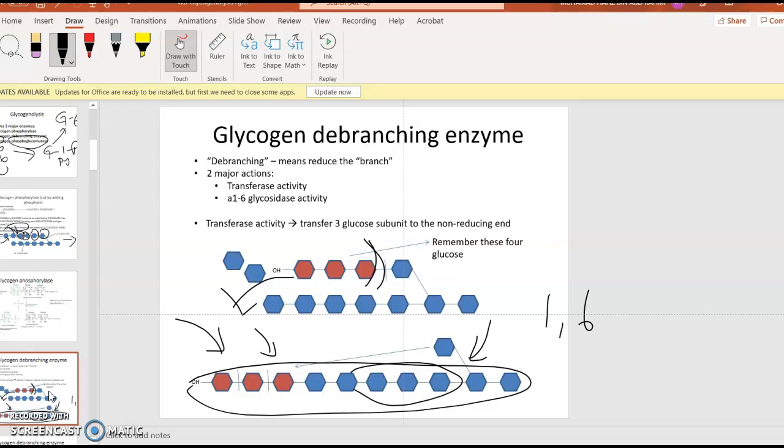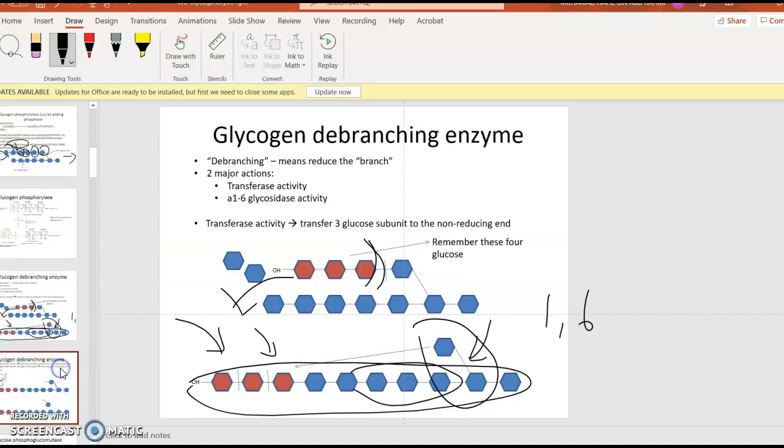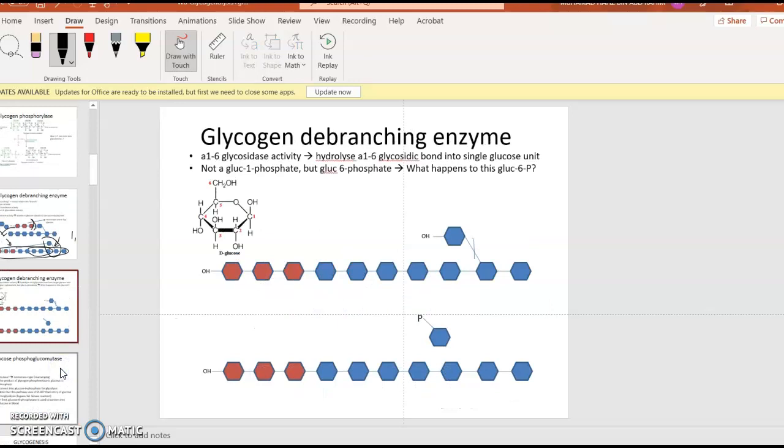That's why we call this debranching, because it can debranch the glycogen. When it cuts this one, it will add one phosphate here. So the glycogen debranching enzyme will cut the alpha 1,6 glycosidic bond by alpha 1,6 glucosidase activity into a single glucose unit.